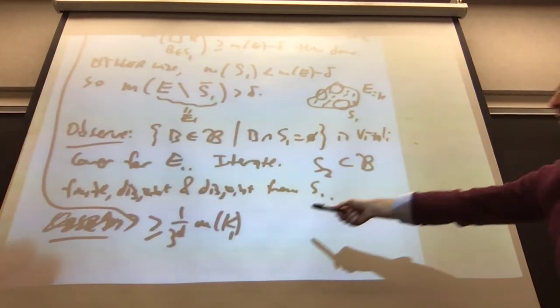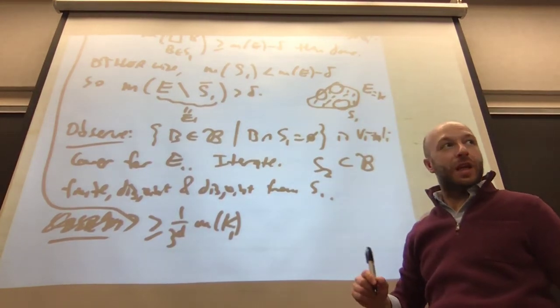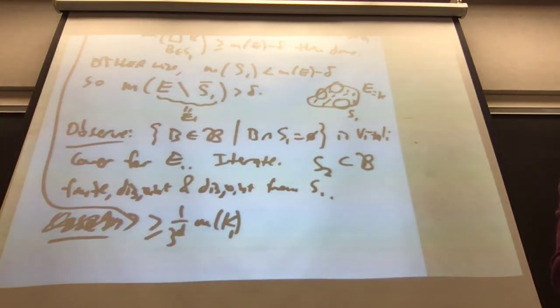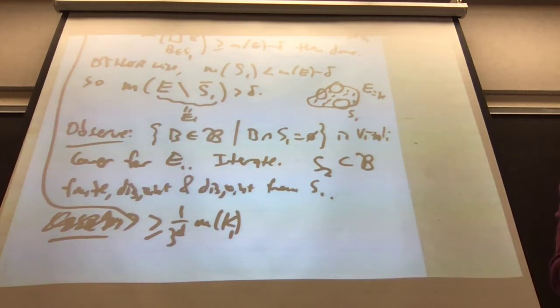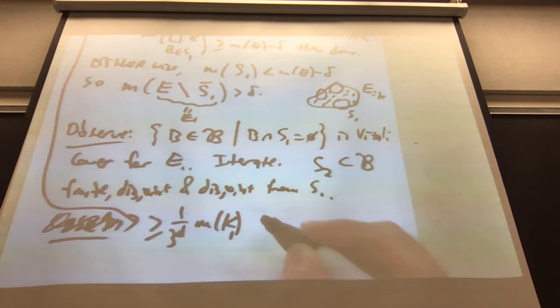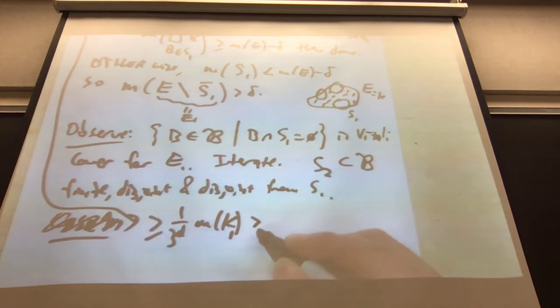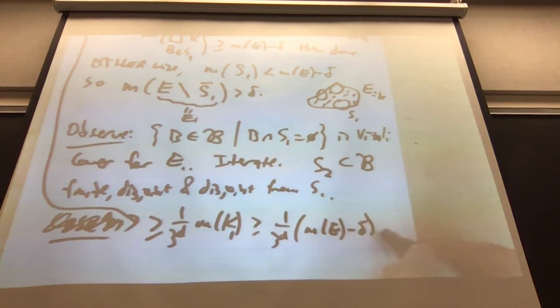So if that union covers K1, then that's at least 1 over the same constant times the measure of K1. And K1 was chosen by having measure at least E minus delta. So this is at least 1 over 3 to the d times the measure of E minus delta, which is positive.